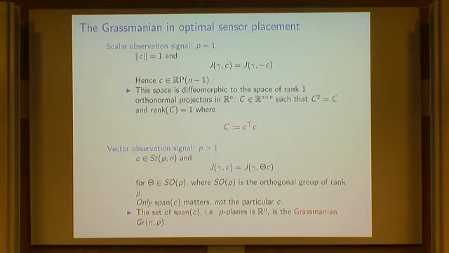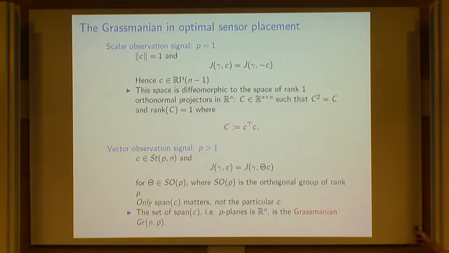So how can we write down an orthonormal projector onto a one-dimensional subspace? Well, it's a matrix, big C, such that C squared is equal to C, and the rank of C is equal to 1. And we know these are the outer product matrices here, okay?